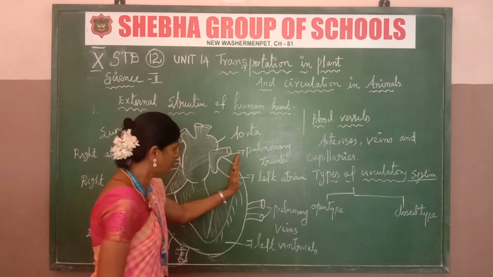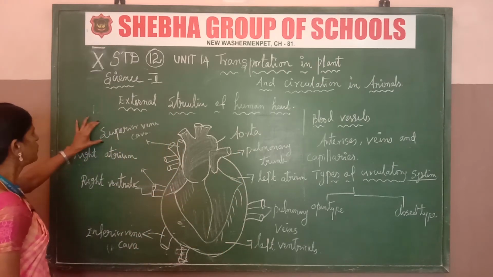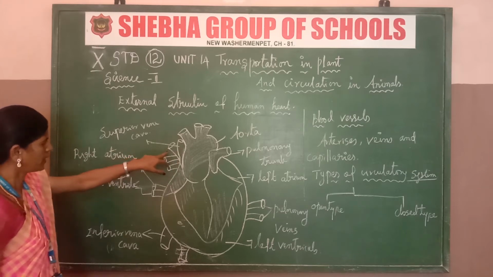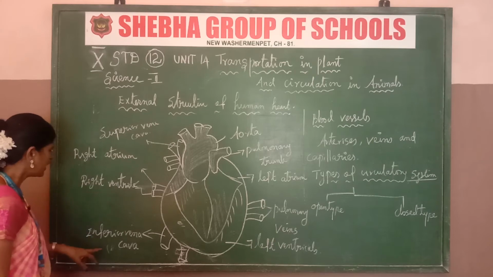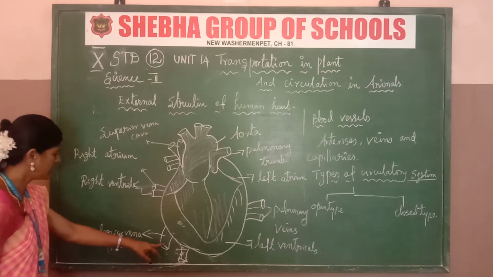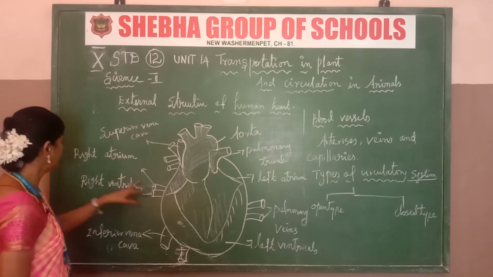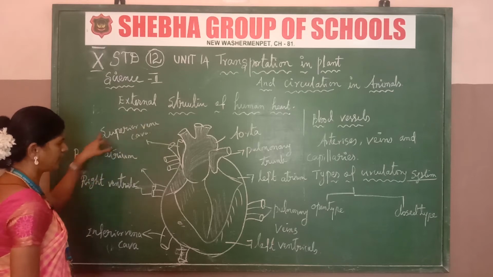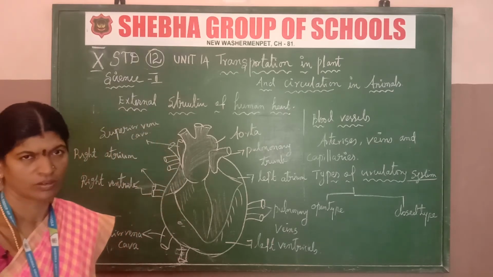Superior vena cava at the top and inferior vena cava at the bottom, right ventricle, right atrium. It's clear? Next I show the diagram and give a short explanation of the heart.